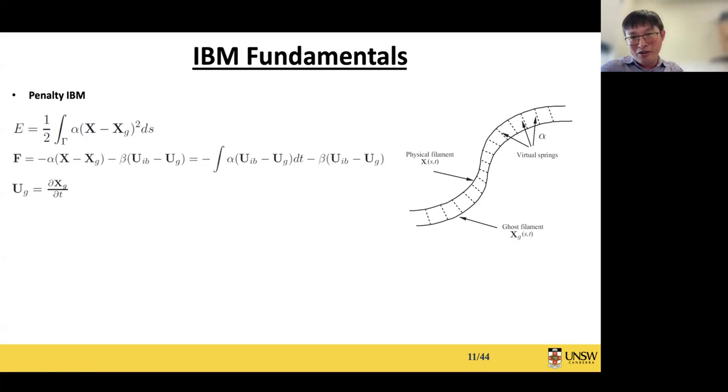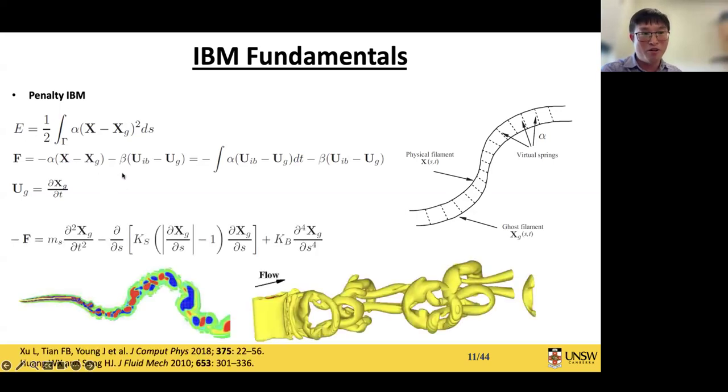The interaction between these two boundaries is achieved by introducing a series of virtual springs like this to connect them.